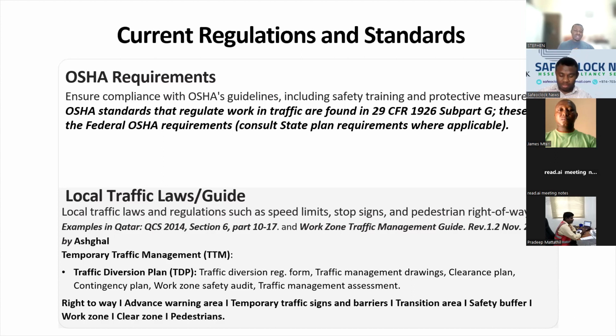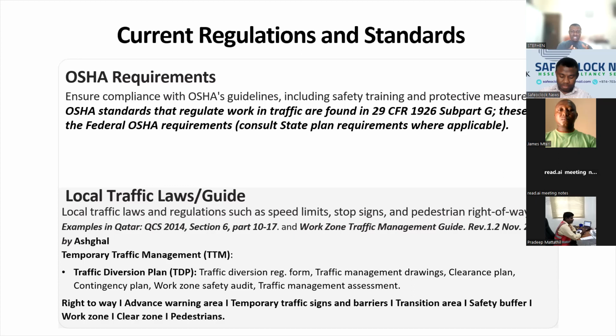Okay, but like I've said earlier, in Qatar, we have our own local traffic laws and regulations that give requirements for speed limits, stop signs, pedestrians, right of way and all that. There's what we call the Qatar Construction Specification 2014.